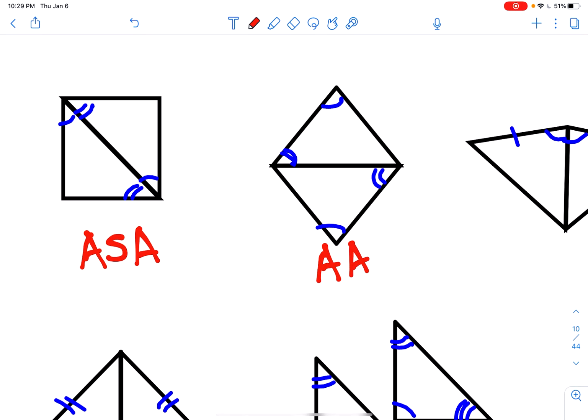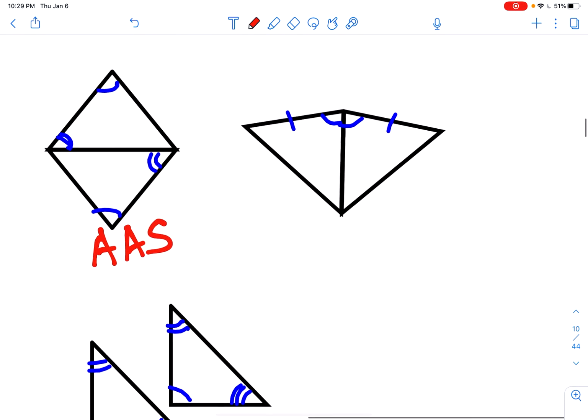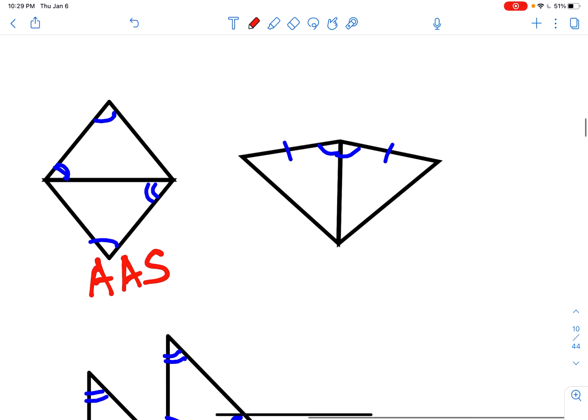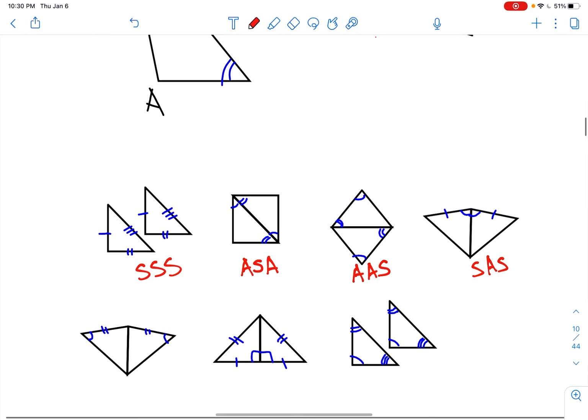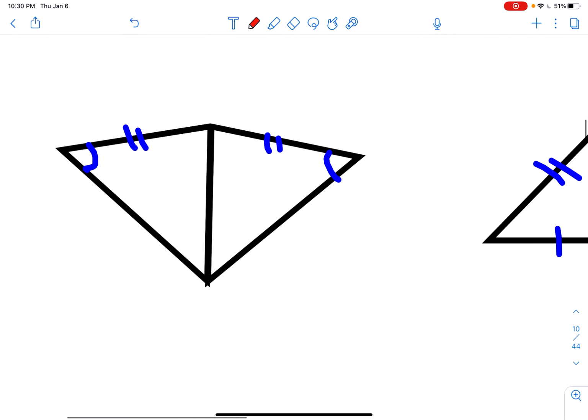And then here I have side, angle, side. So this one's going to be side, angle, side. This one is angle, side, side.